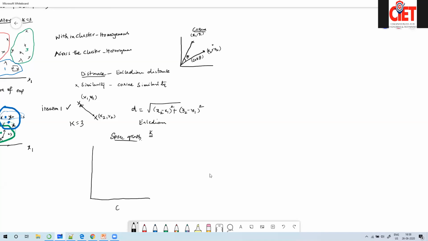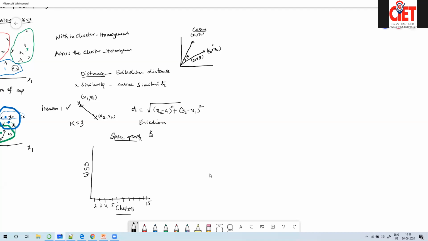It is generally constructed like this: the number of clusters on the x-axis. We try to construct the clusters like 2, 3, 4, 5, all the way up to, let's say, 15. And for each cluster number, we compute a metric called WSS.